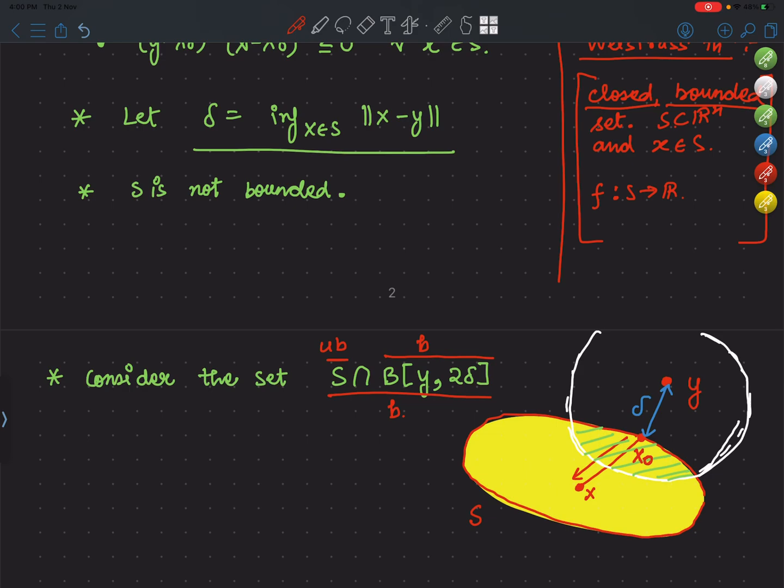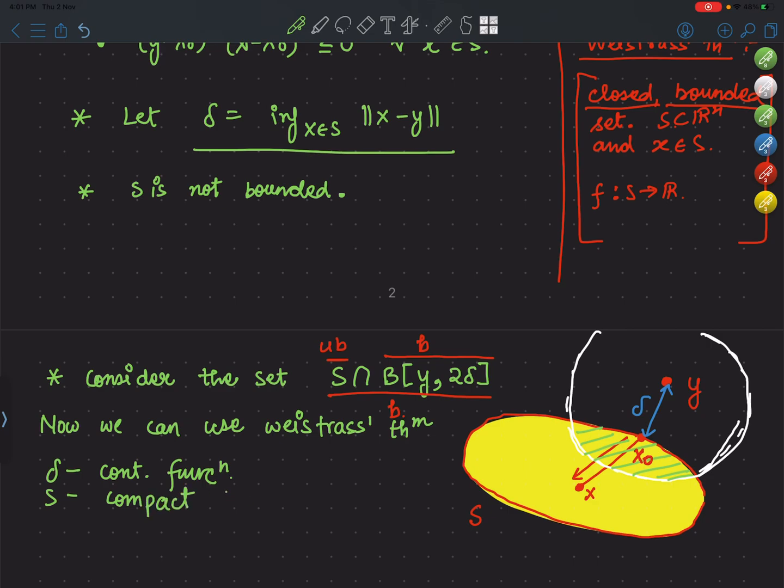Now we can use the Weierstrass theorem, because we have a continuous function. Delta is a continuous function because it is an infimum of a norm, and we have a set which is compact, that is closed and bounded.